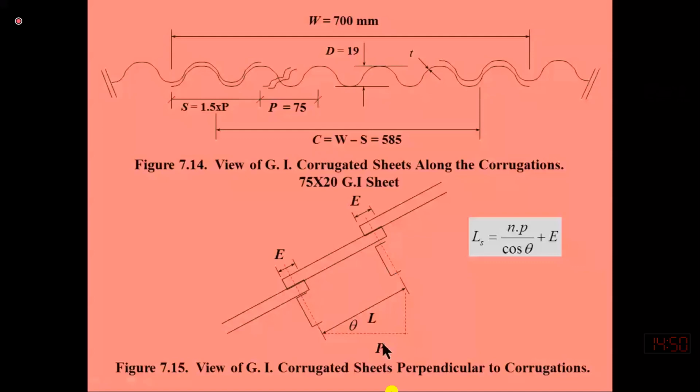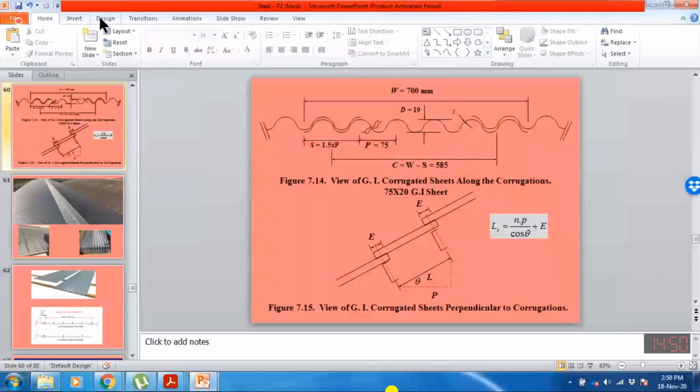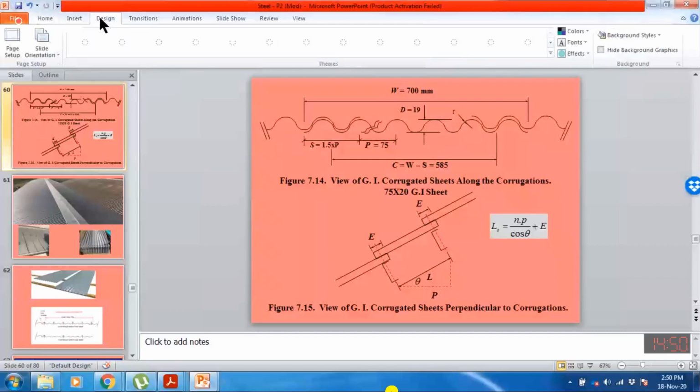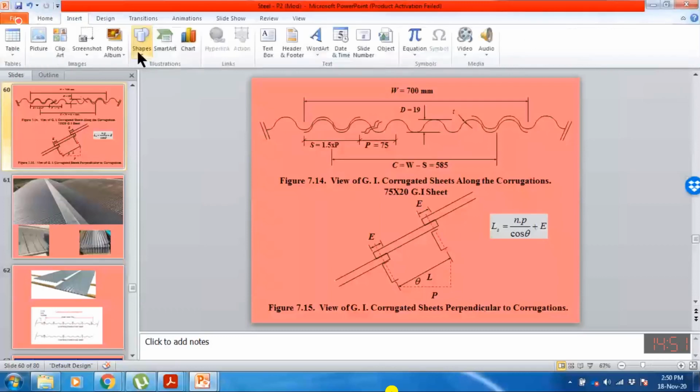So actual length is the incline. But in the deflection formula, we're supposed to use the p-value because, again, if I draw the load direction, the load is acting in the downward direction.